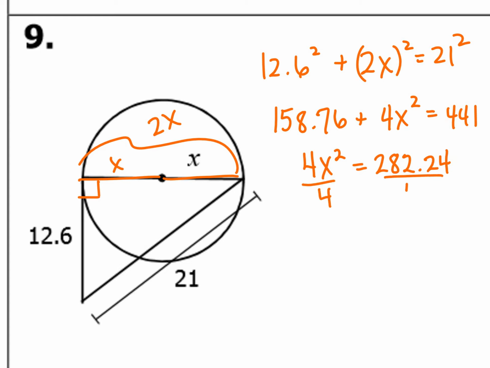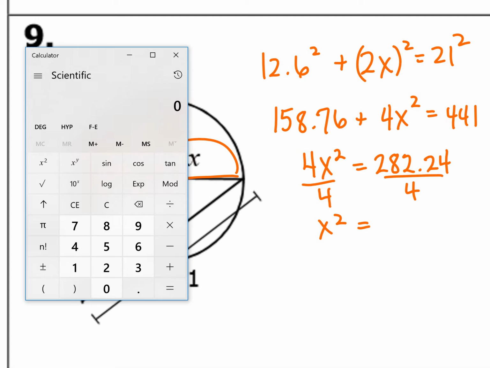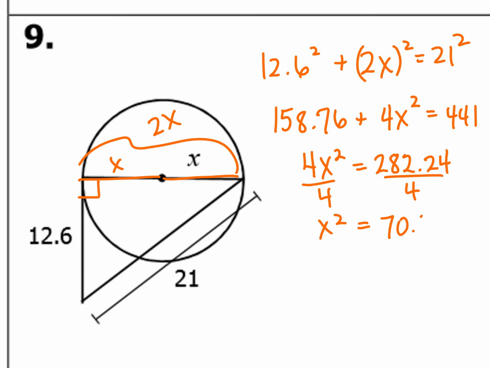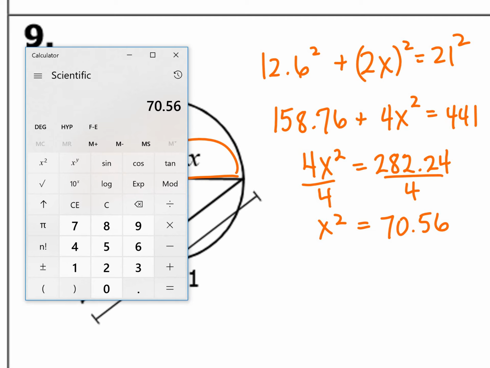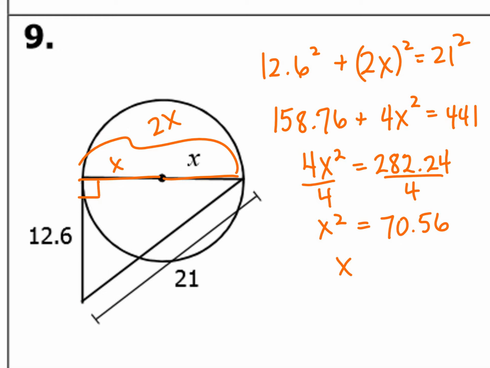Divide both sides by 4, and x squared equals, let's do that real quick, 282.24 divided by 4 is 70.56, and then we need the square root of that. Let's see here, square root. So x equals 8.4.